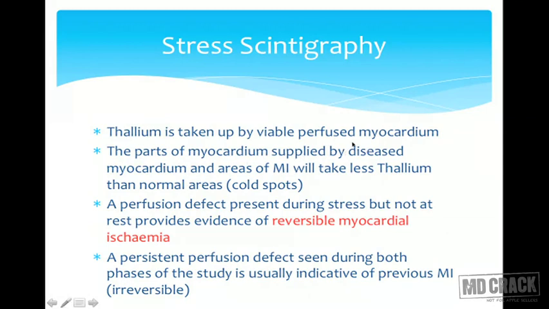The part of the myocardium which is supplied by diseased vessels and the areas of myocardial infarction will take up less thallium than normal areas and will be visible as cold spots. A perfusion defect which is present during stress but not at rest provides evidence of reversible myocardial ischemia, whereas a persistent perfusion defect which is seen during both phases of the study is usually indicative of previous myocardial infarction. So this is an irreversible change.